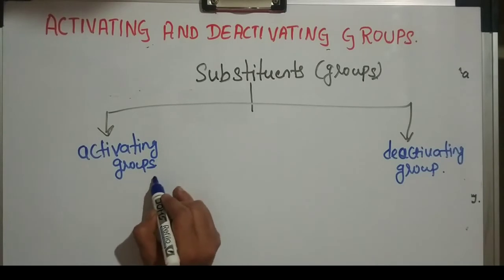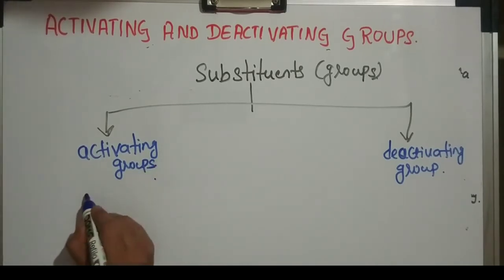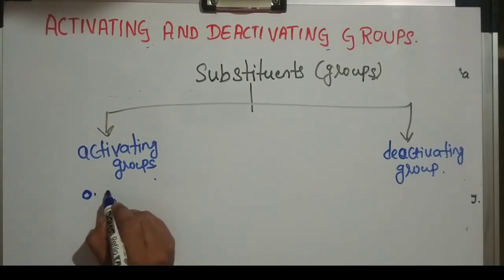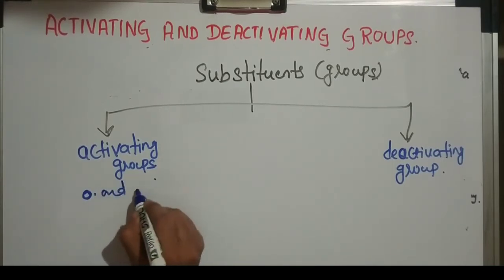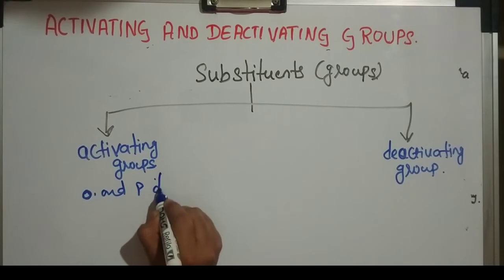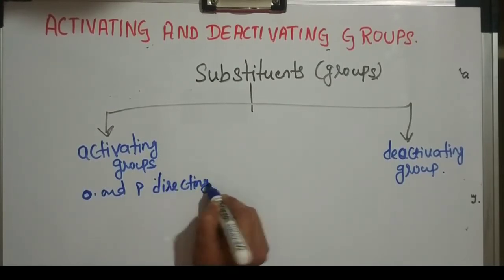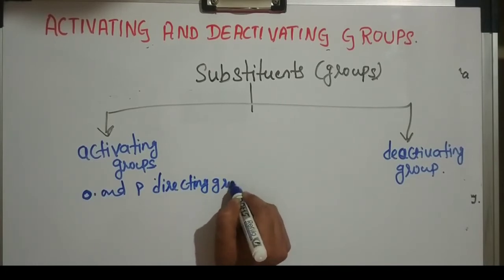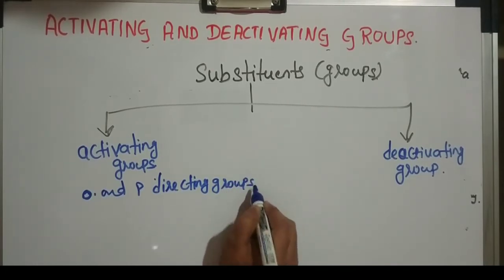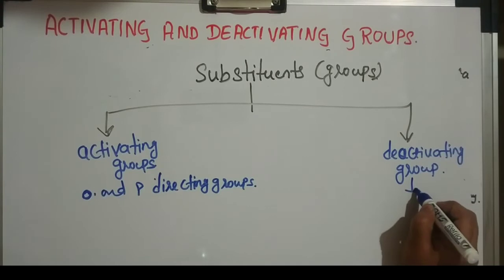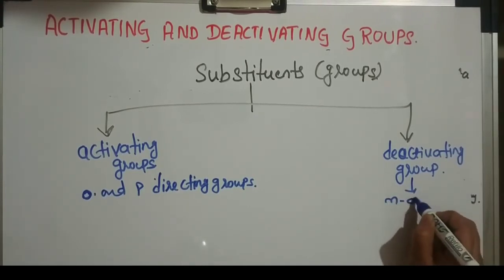So activating groups are also called ortho and para directing groups. O means ortho, you should remember. And deactivating groups are meta directing groups.